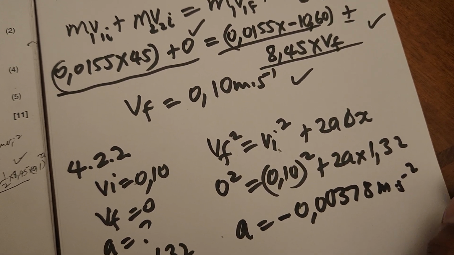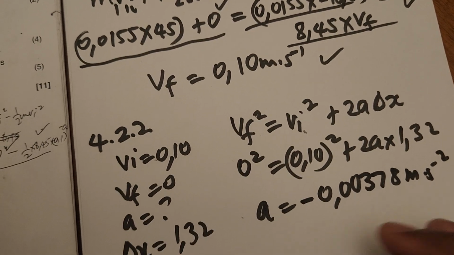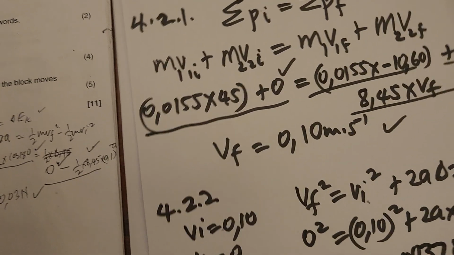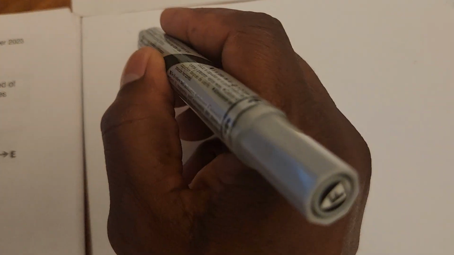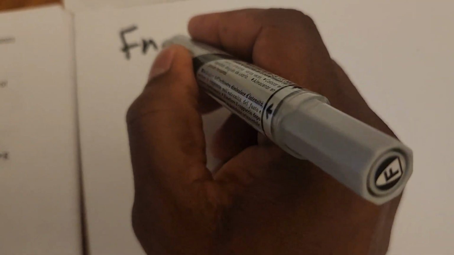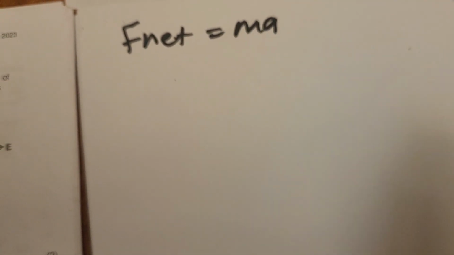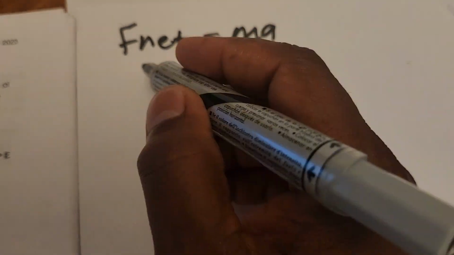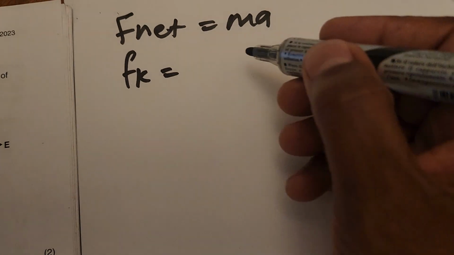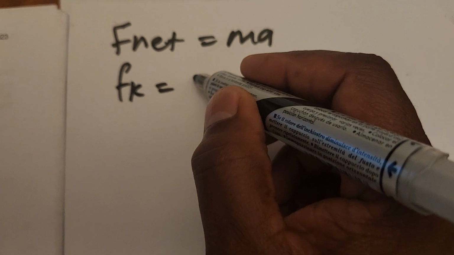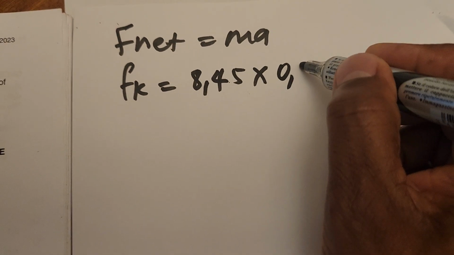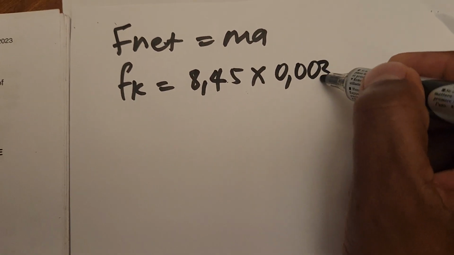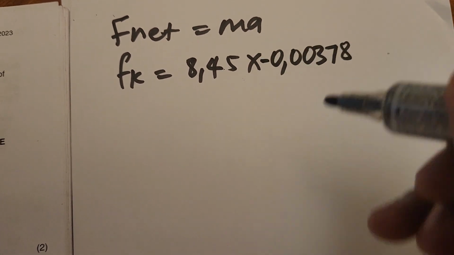Fine, then remember they need the frictional force. With acceleration we can find frictional force now, because we know the acceleration and mass give us force. F net equals ma. The only force acting on the object while it was slowing down is friction. Therefore the kinetic frictional force will be the mass of the block, 8.45, multiplied by negative 0.00378.